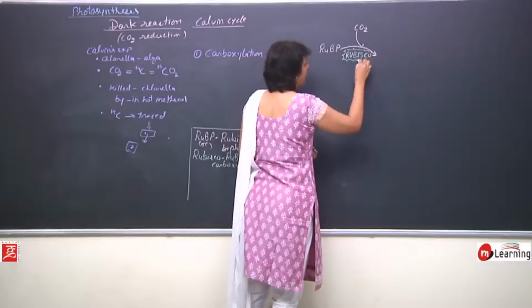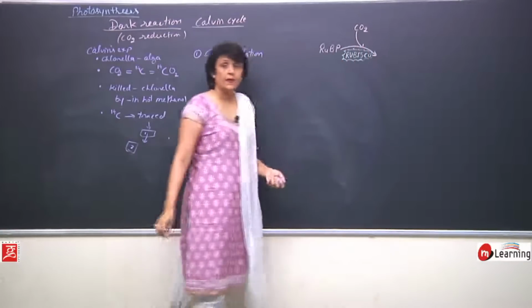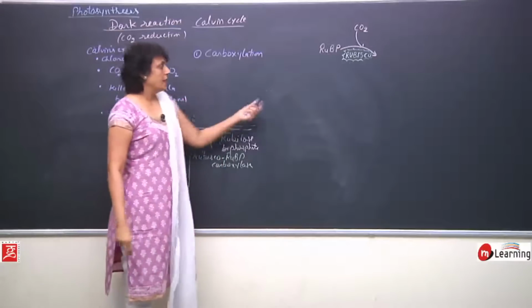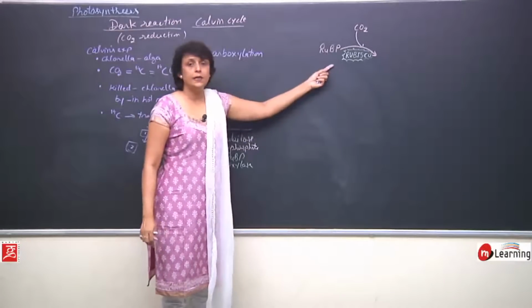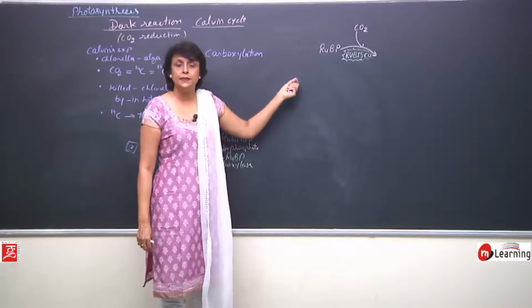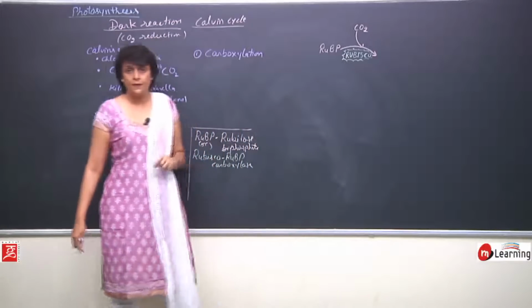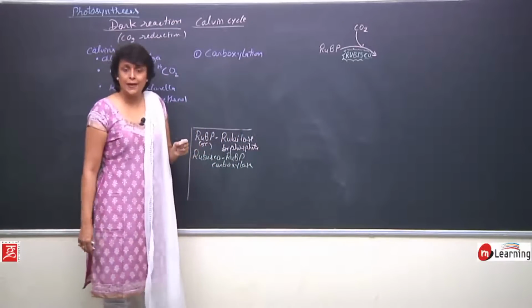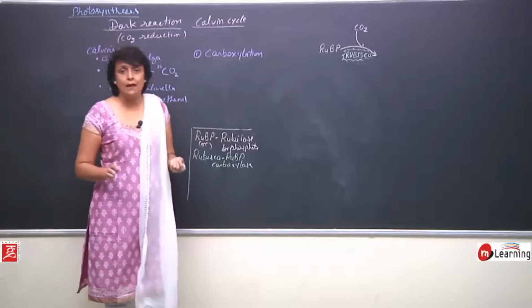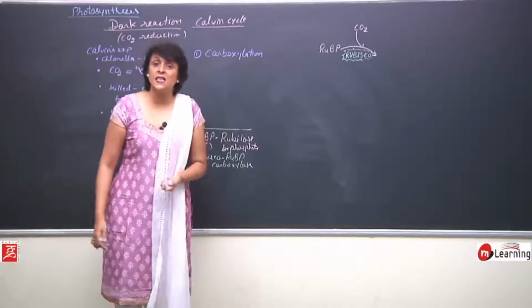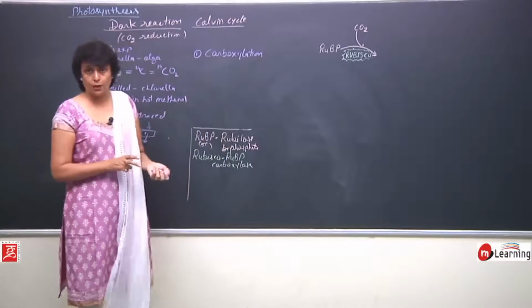is a very important enzyme for many reasons. One reason is it is the most abundant protein or enzyme in the living world. And in chloroplast, of all the proteins they have, this makes up 16% of the total proteins.